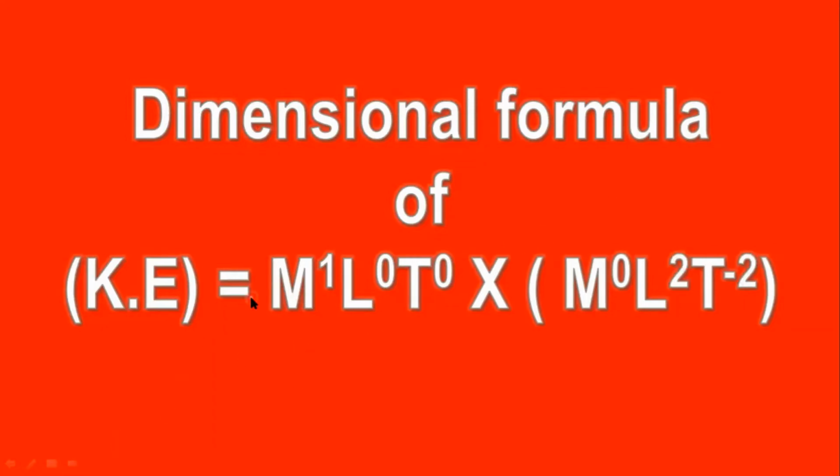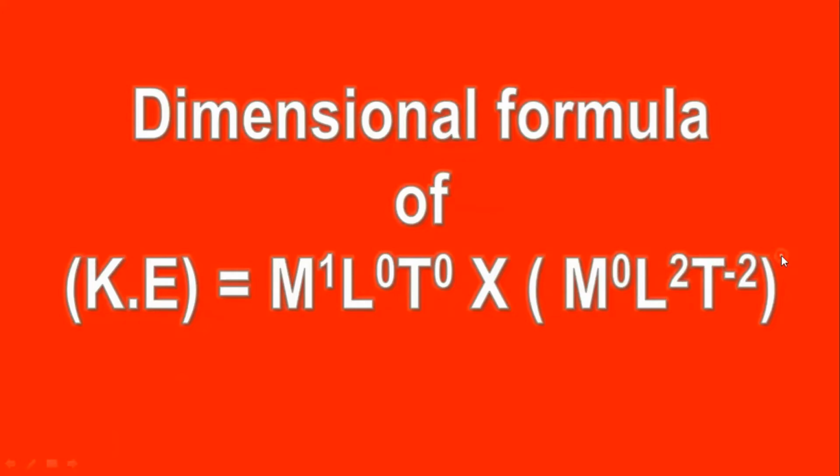Now it will become M1 L T. The square that was outside is now coming inside. When you put the square, M0 has nothing to do with it, so L becomes L squared and T that was minus 1 becomes minus 2.